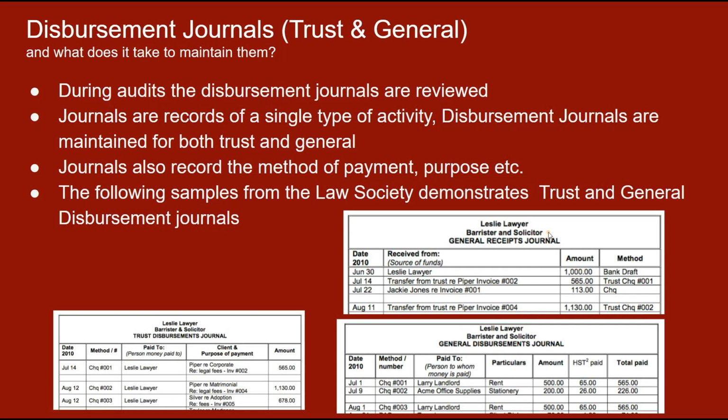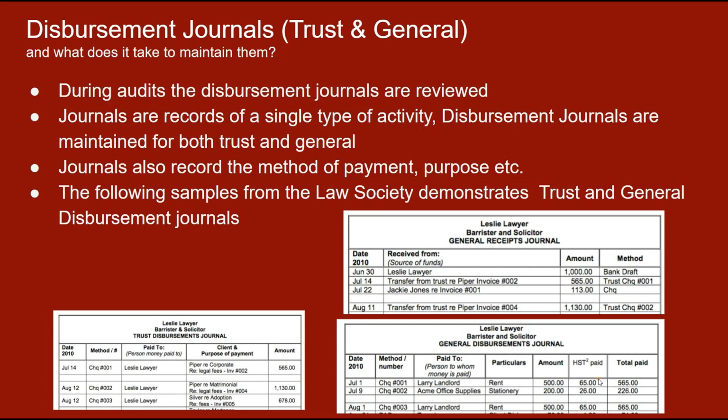When it comes to general, there's a couple of documents, the receipts and the disbursements, but I'll just focus on the disbursements. The date, the method, again, very unique to the journal itself, the method and paid to. The particulars, but like all journal documents, you have the amount and the HST split out.